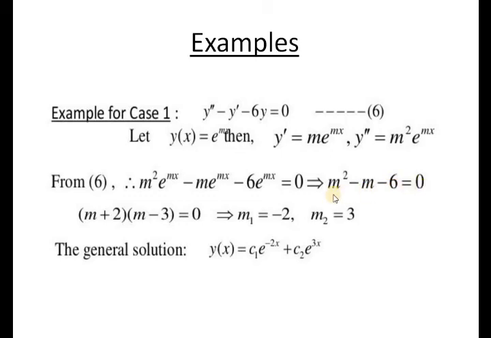We can factorize this equation as m plus 2 into m minus 3 equal to 0. So we get two values of m, m1 and m2, which are minus 2 and 3. They are distinct and real values. So according to case 1, we write the solution as y of x equal to c1 e raised to minus 2x, the first root m1 value minus 2, plus c2 e raised to 3x.